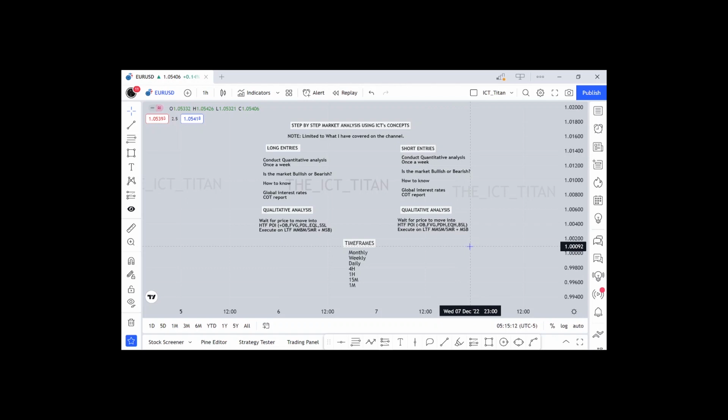You can only learn this skill when you go and practice it, backtest it, and journal it down. That is the only way you will benefit from these summaries that I'm doing. So without much talking, let's go and see a long entry example.